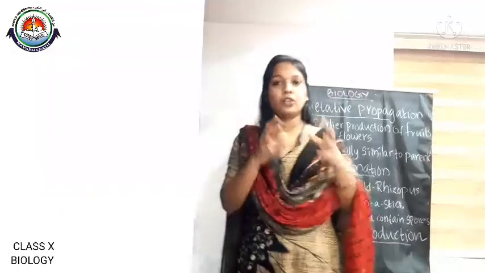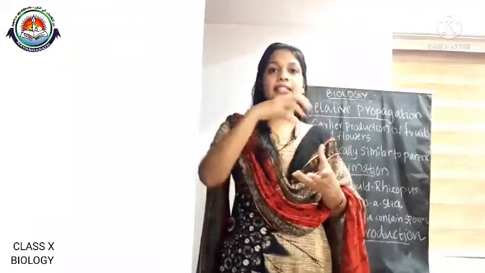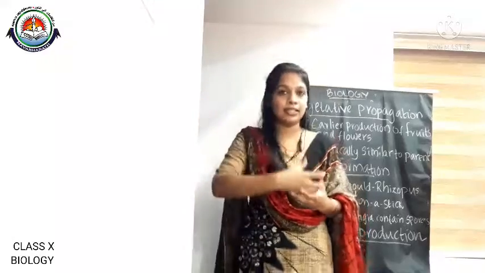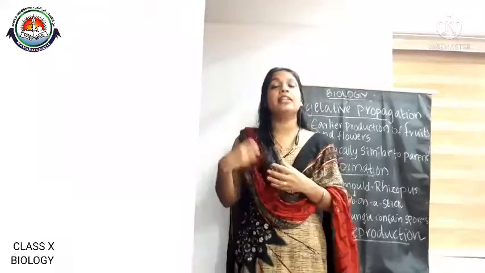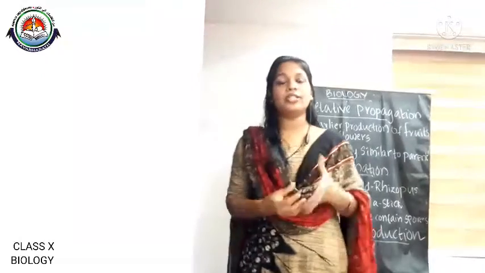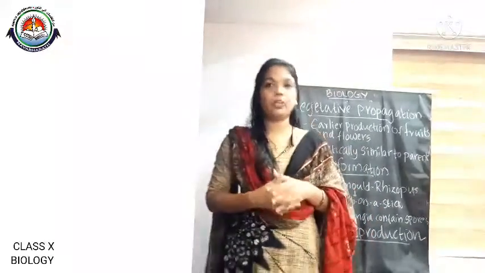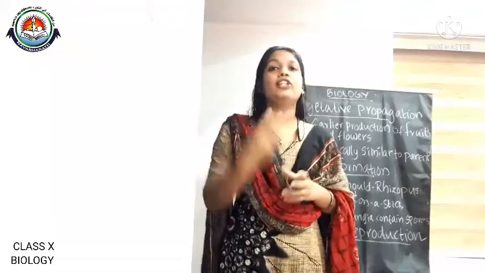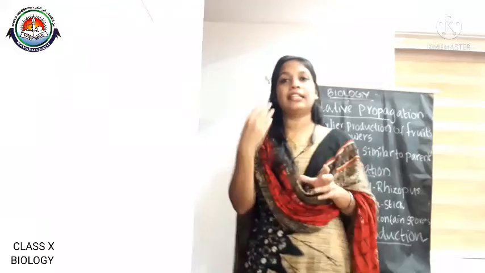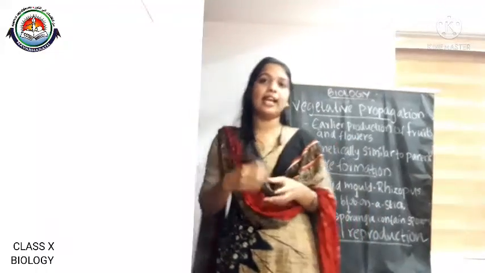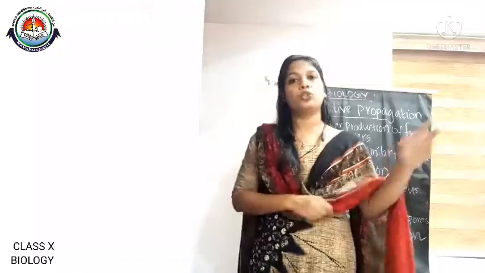That mass of cells is called callus. The callus is separated and transferred to another medium that contains growth hormones, plant hormones, and that will lead to the differentiation of the callus cells. From the callus cells, new plantlets will arise. Then the plantlets are transferred to the soil, where they grow.